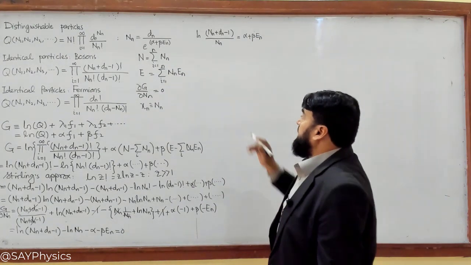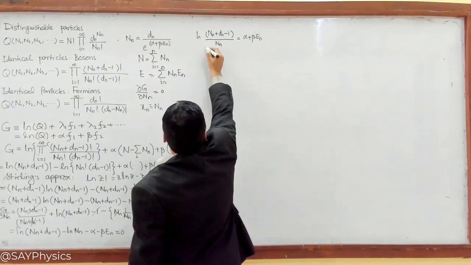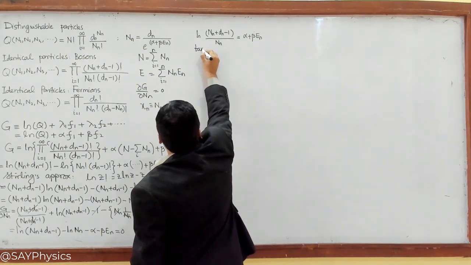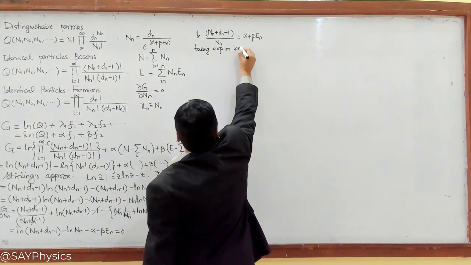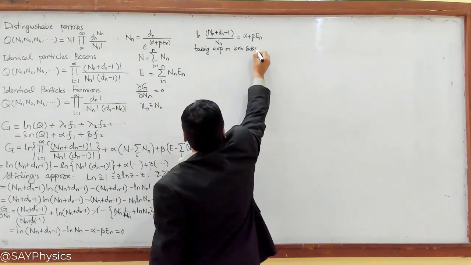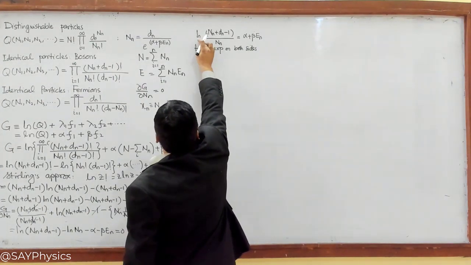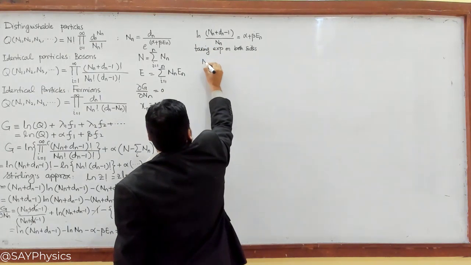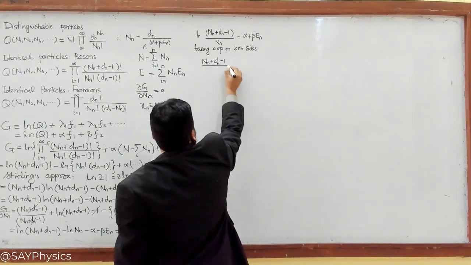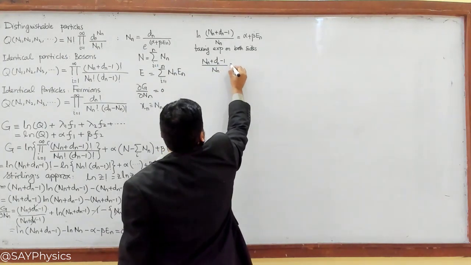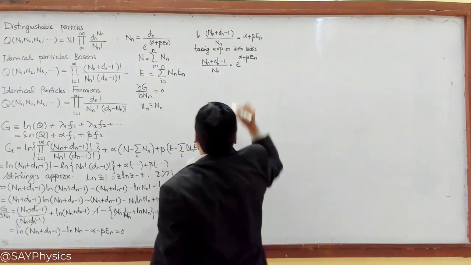And now this is a natural log, so if I take exponential on both sides, then let me write, taking exponential on both sides, what will we get? The exponential and natural log will cancel each other, and nn plus dn minus 1 over nn is equal to e to the power alpha plus beta en.